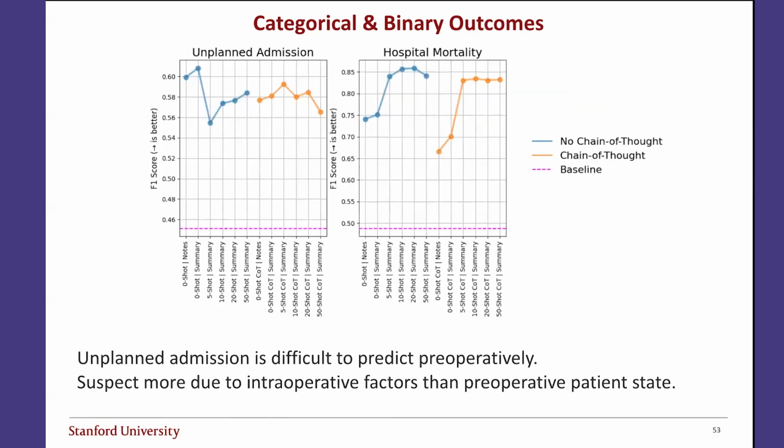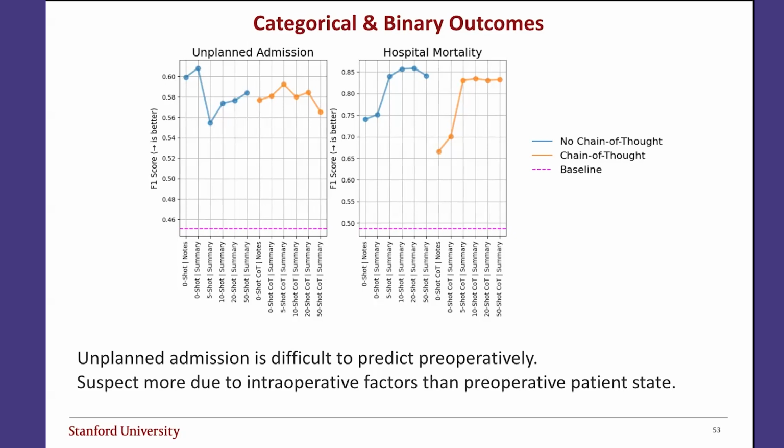These are two other categorical outcomes. So for unplanned admission, we actually found that it was quite difficult for language models to predict this, and doing few shot and chain of thought prompting didn't really help it very much. And we suspect this is because for unplanned admission, it is more due to intraoperative factors than the patient's preoperative state.